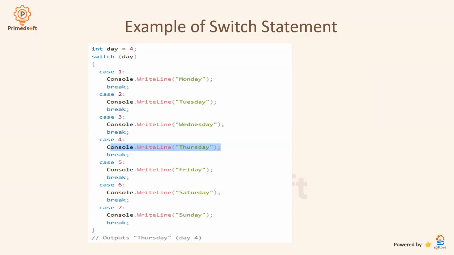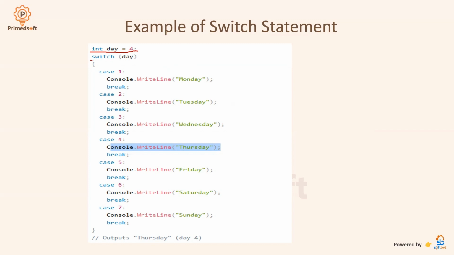There are a few things I want you to take note of when writing your switch statement. As you can see, the variable was declared: you have int day equal to 4. So they now start the switch statement.